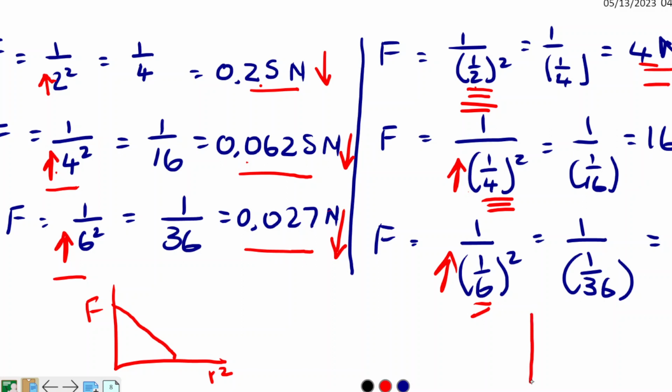We say in this situation that the force is directly proportional to the inverse of the square of the distance. When you have a distance and you increase it, the force will decrease. But when you have the inverse of a distance squared, the force will increase. That's what I wanted to explain.